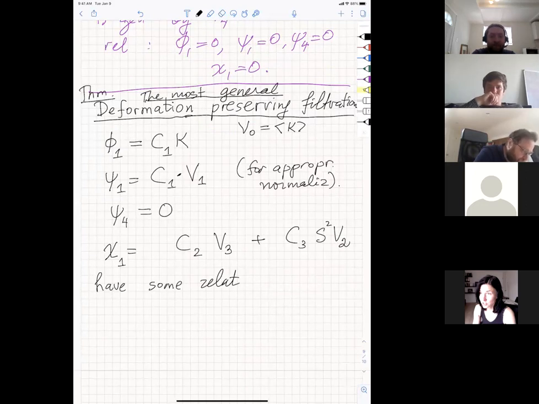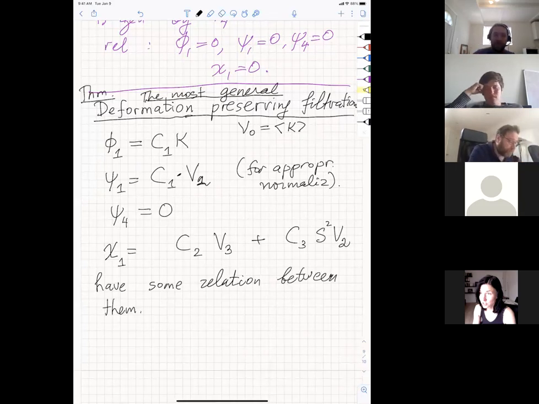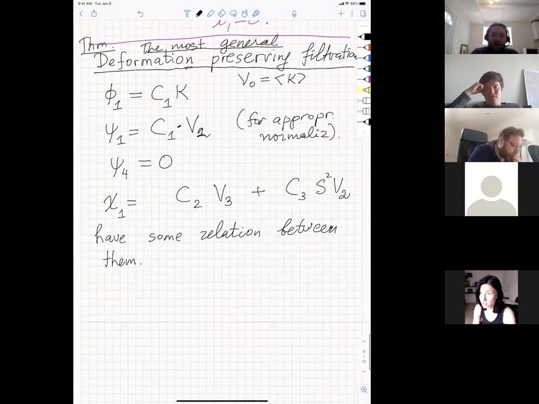Oh, I'm sorry. Yeah, I wanted to say V2 here, not V1. So this is a two-dimensional representation. So there is some relation between them, but we can rescale.